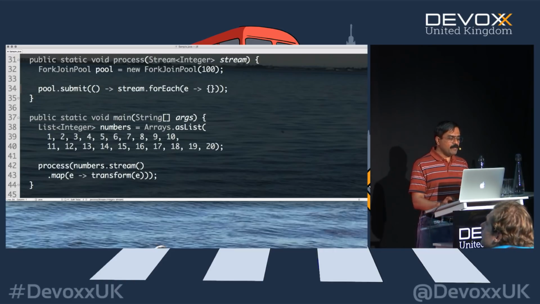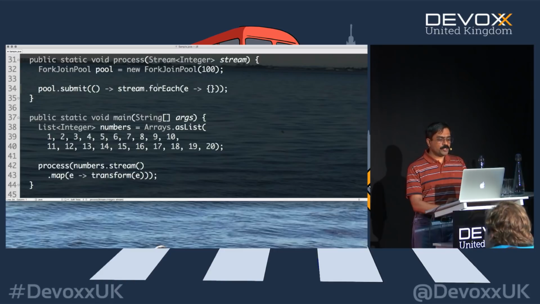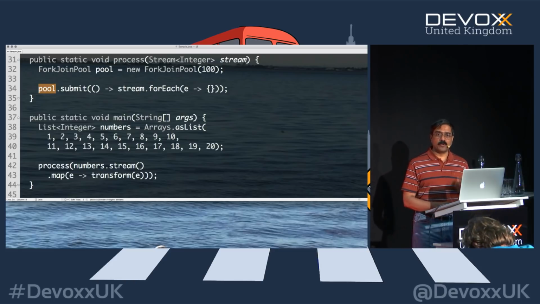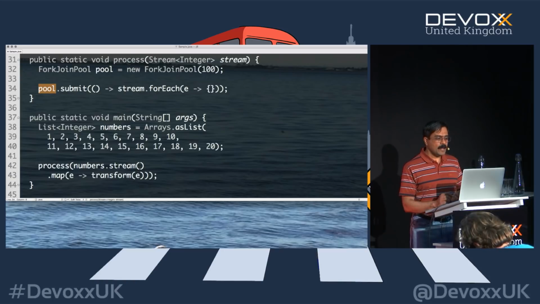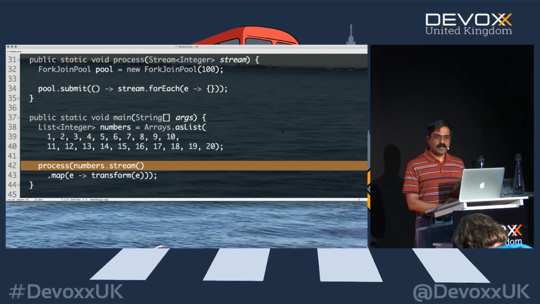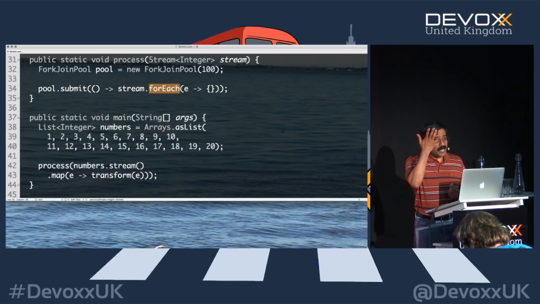The point I'm really making here is that your terminal operation is running within another pool. So in other words, in short, the question is, which pool executes your code? It's not the pool in which your stream is created. It is the pool from which your terminal operation is executed.